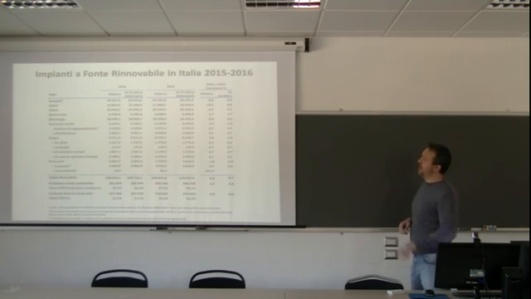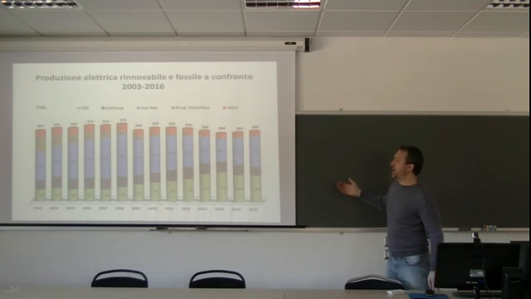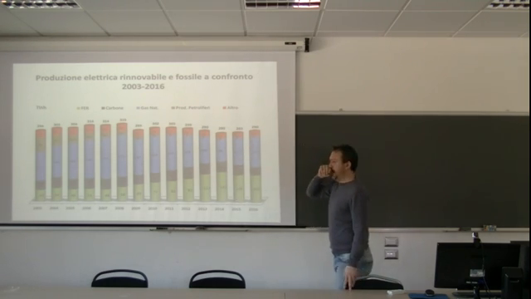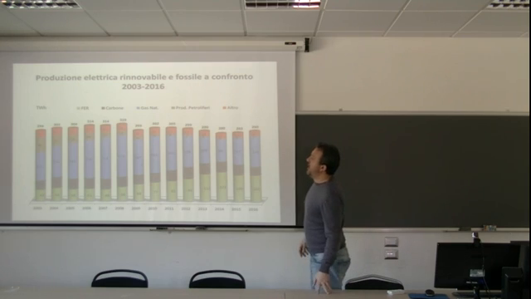This is another table that shows the situation, and here, of course, the comparison between green energy, renewable energy, and the other fossil fuels. We still have a lot of methane.